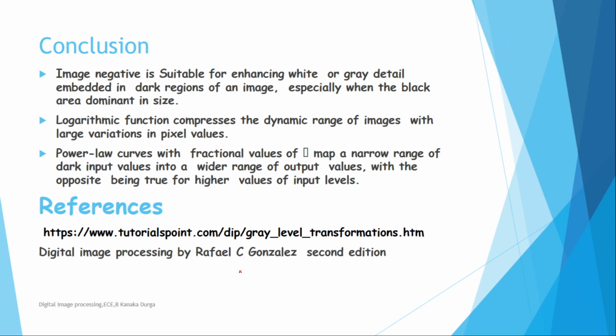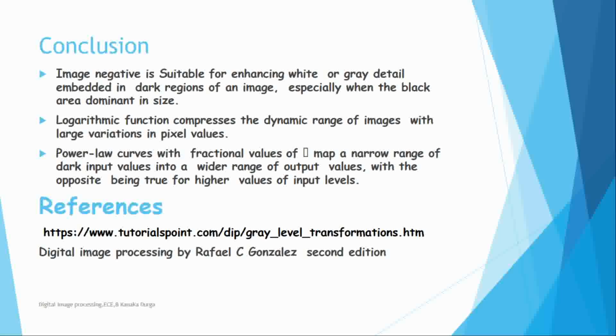For the conclusions: image negative is suitable when we want to convert darker images to brighter images and brighter images to darker images. The identity function is mainly required when I want to project the same intensity values, darker to darker and brighter to brighter only.